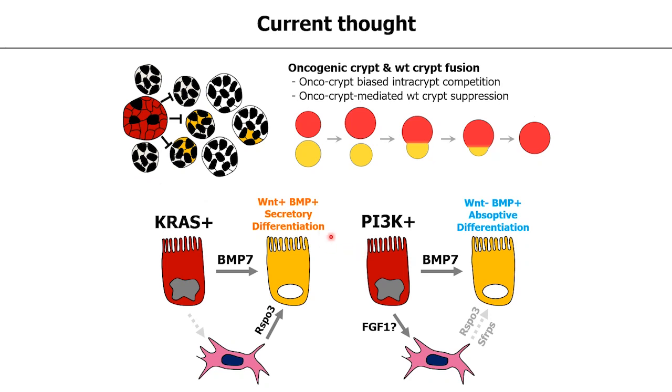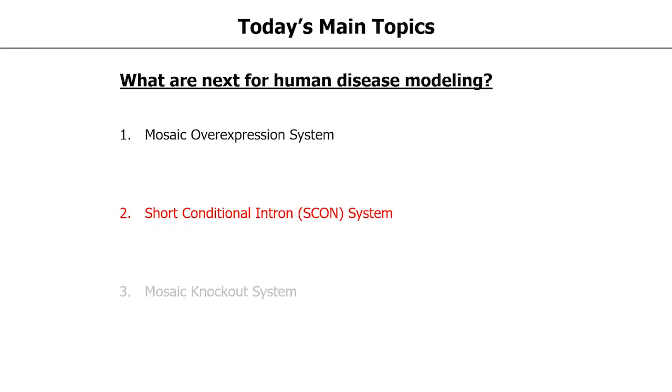And we also found, especially in the PI3 kinase case, that the red clone is not only secreting BMP, but also influences the mesenchymal population so that they cannot support Wnt activity anymore for the yellow stem cells. So I hope that I could show one very nice example of how we can use a mosaic overexpression system to really visualize the very first event of cancer development in the mouse.